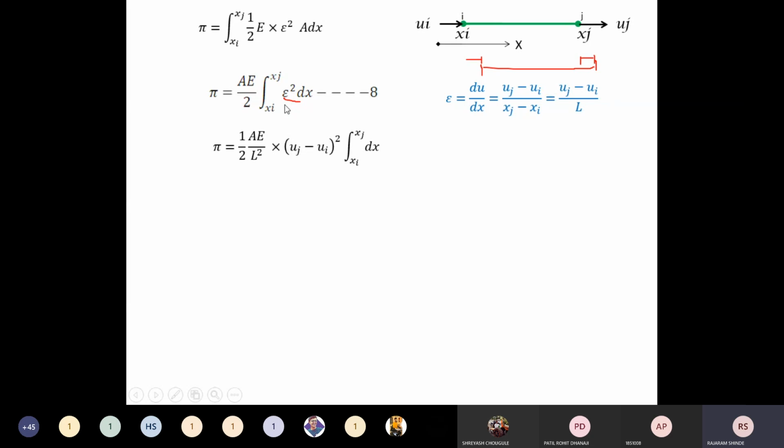Okay, it is uj minus ui square divided by L square. Do you agree with this? Uj minus ui square divided by L square.